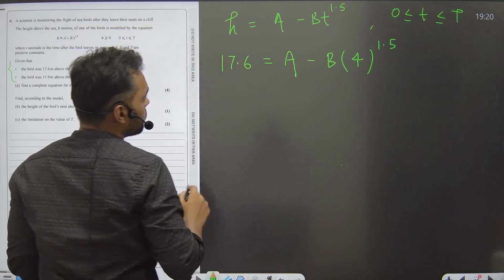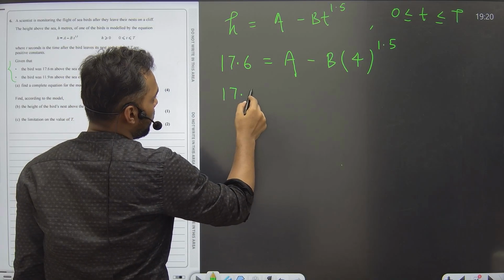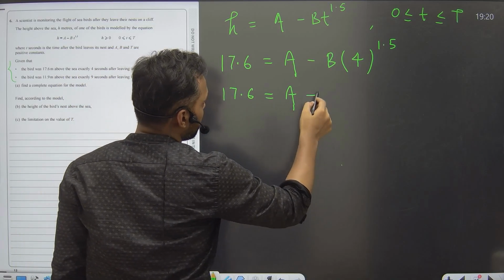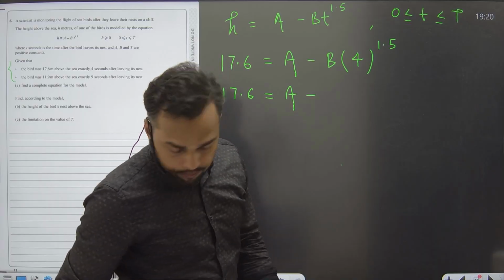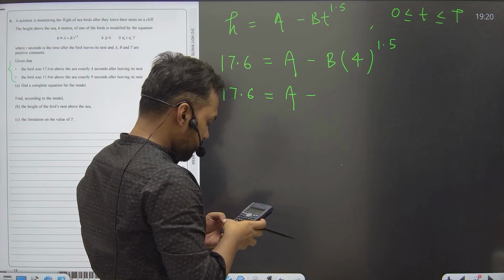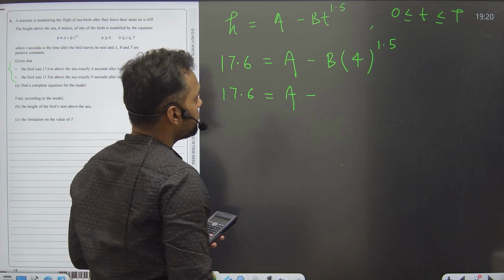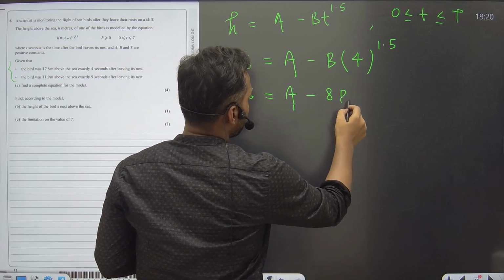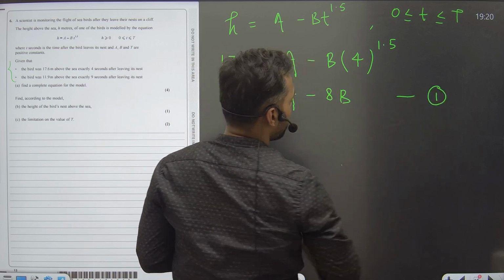If we further calculate it, 4 to the power 1.5 will be equal to 8. So 17.6 equals a minus 8b, this is our first equation, students.